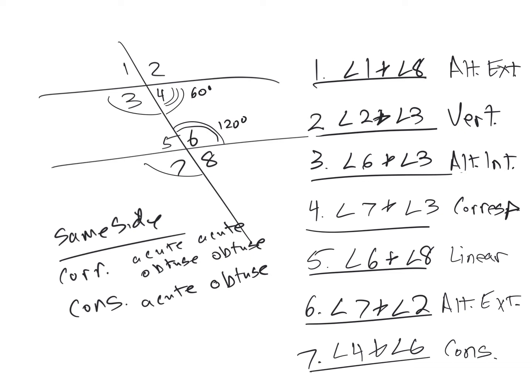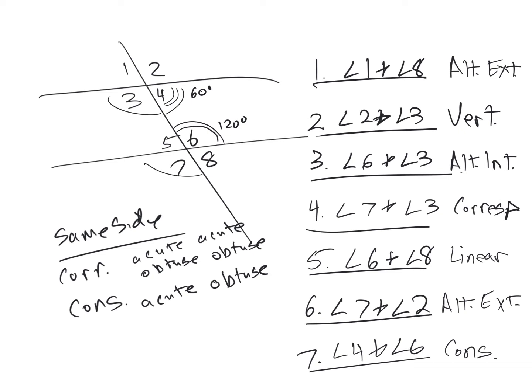But if you're going to use those four words, consecutive and corresponding, alternate interior and alternate exterior, the angles have to be from one intersection to the other intersection. So 6 and 8 are at the same intersection point, so the only possibilities there are linear or vertical. You wouldn't put consecutive there, even though that means that they add up to 180. The proper word would be a linear pair, because linear means they add up to 180 as well.